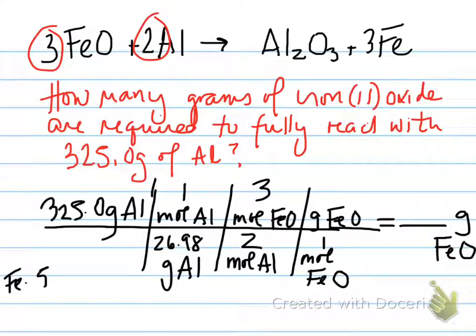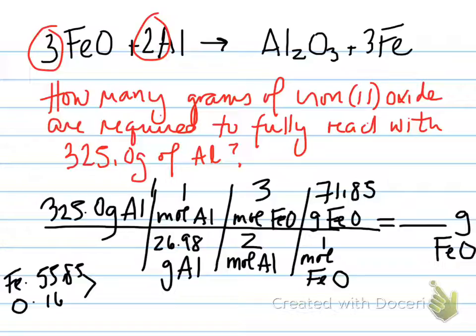So Fe is 55.85, O is 16, add them up. 71.85 grams of iron oxide in 1 mole of iron oxide. Now you just need to do the factor label.